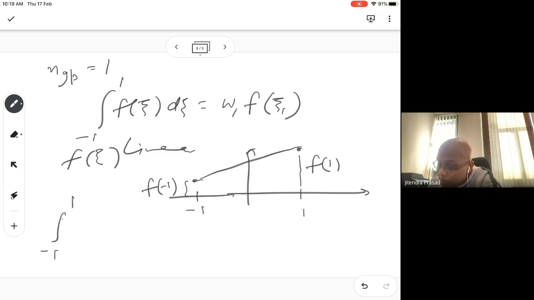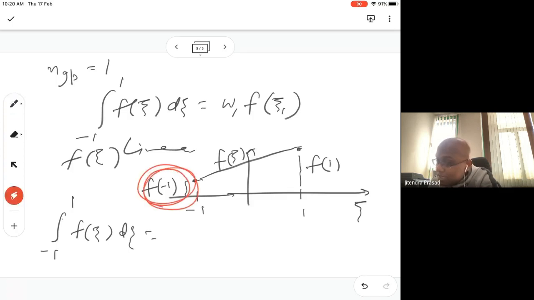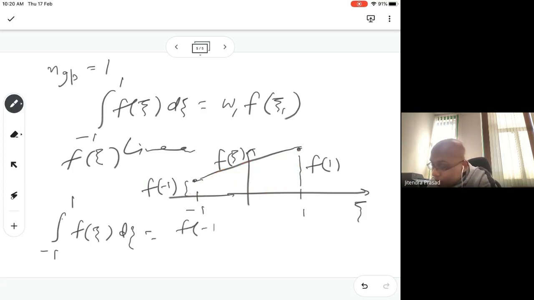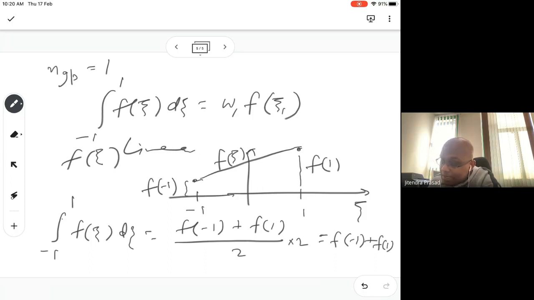If this is f(xi) which is given, then the integral of f(xi) d xi from -1 to 1 will be nothing but the area. So it will be simply (f(-1) plus f1) divided by 2 multiplied by 2. So we get f(-1) plus f1. This will be the area.